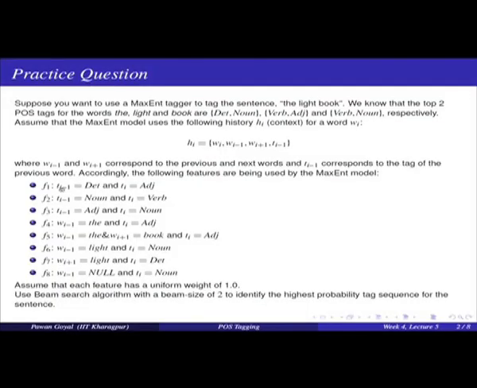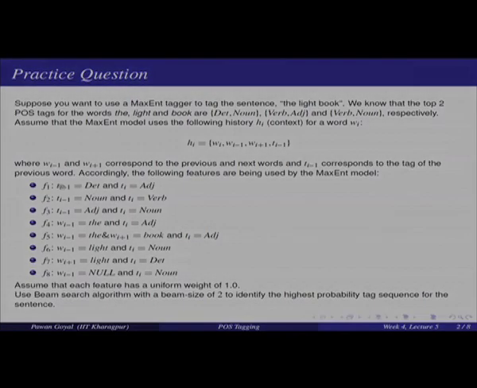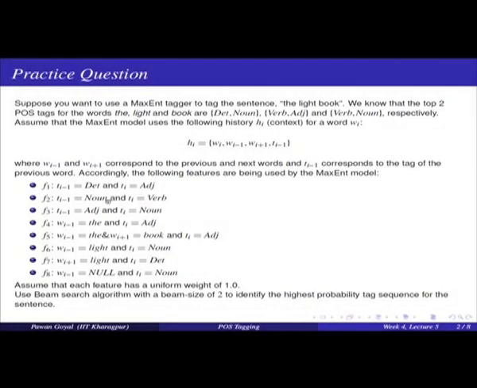First feature: previous tag is determiner, no, previous tag is noun here, so this is 0. Previous tag is noun, yes, and the current tag is verb, so this will be 1. So f2 is 1. f3 is 0 because the previous tag is not adjective. f4: previous word is "the", current tag is adjective, no, it is verb. This one is also not correct because the current tag is not adjective but verb.